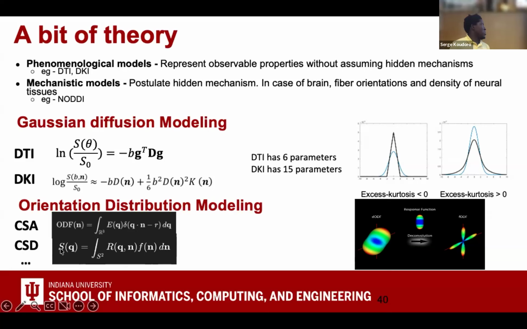And CSD is the same principle. They just add a new element, which is R, the response function. So what is the response function? Here you have an example. With CSA, you have this type of spherical function for every single voxel.